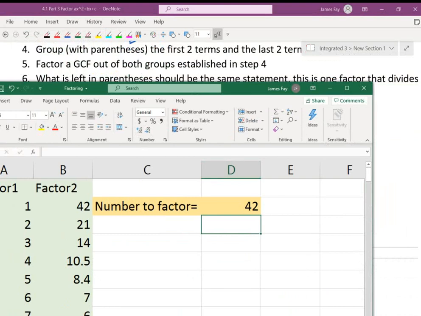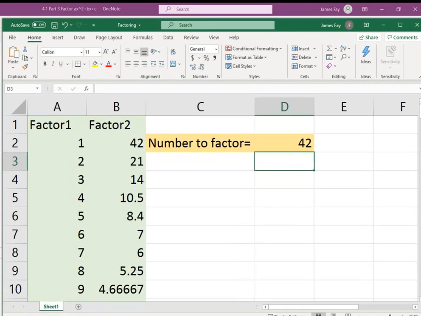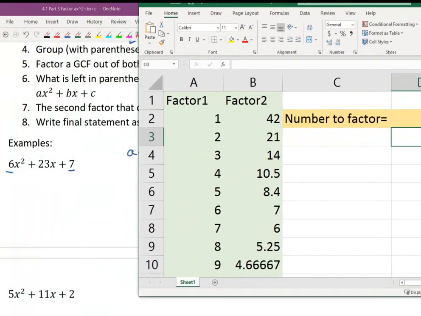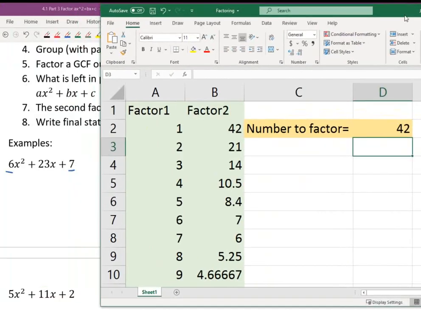In the examples I've given you in the previous sections, that C term hasn't been huge. But now you're multiplying it by something else, so it's going to get larger quickly, so this tool will be useful. Which one of these sets of factors adds up to this middle term here?